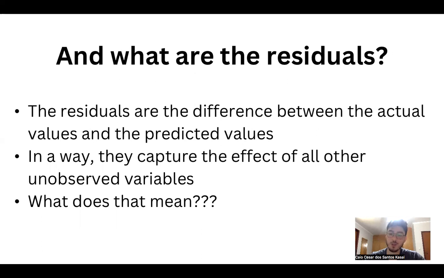In this model, we are only using weight, but there are many other variables that affect the levels of HDL that we are not observing. And the residuals are important to capture the effect of all those other variables, okay?